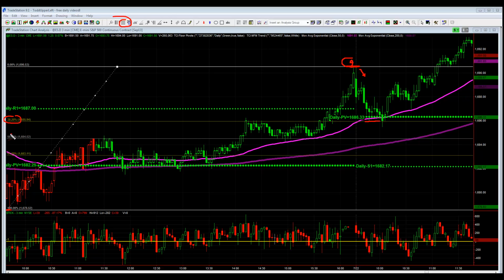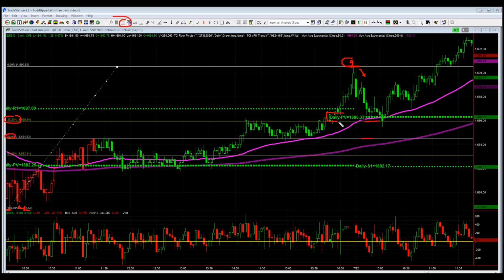The 50% retracement of that move, from Friday's low to the high, was right in here.